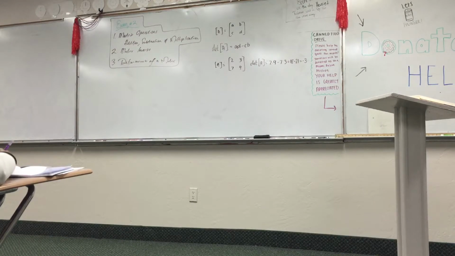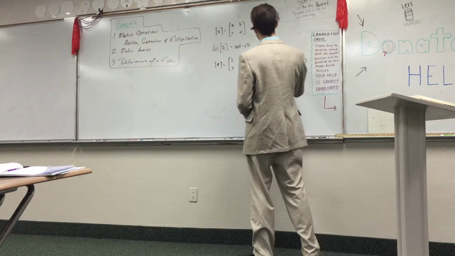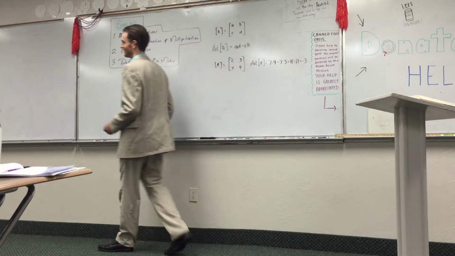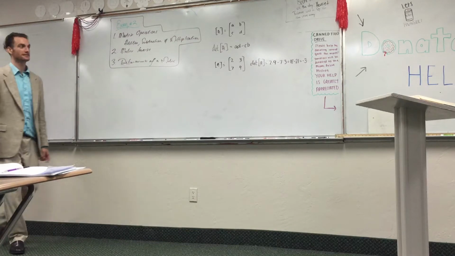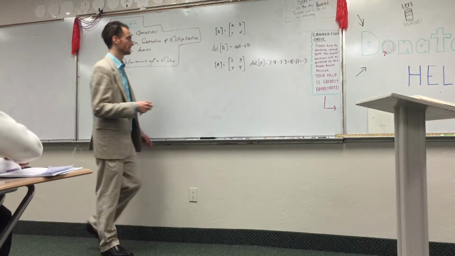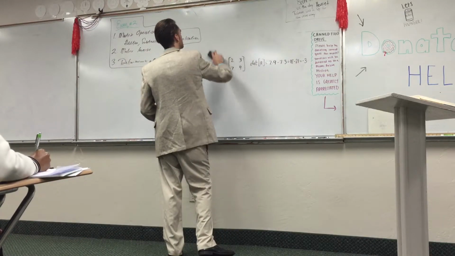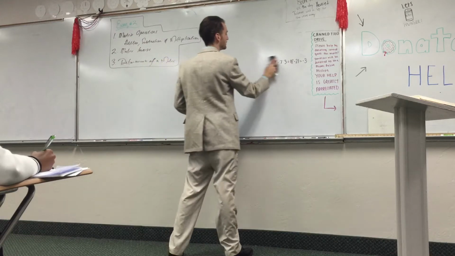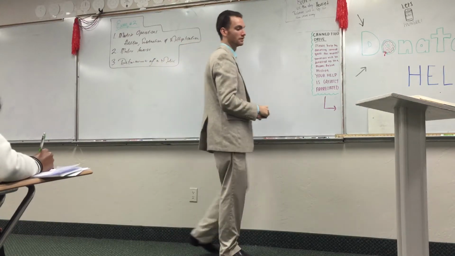Whichever way you want to write it is fine with me, but I just usually do it like that. Alright, cool? Alright, next. Okay. You guys got this? Okay. Alright.